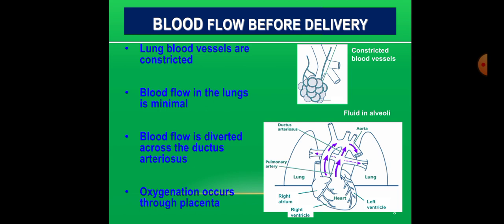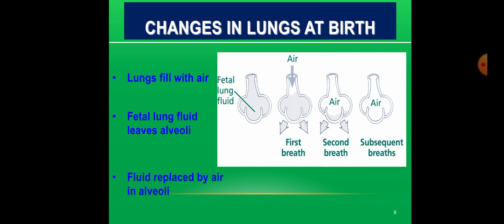Blood flow before delivery: lung blood vessels are constricted, blood flow in the lungs is minimal, blood flow is diverted across the ductus arteriosus, and oxygenation occurs through the placenta. Changes in lungs at birth: lungs fill with air, fetal lung fluid leaves the alveoli, fluid is replaced by air in the alveoli.